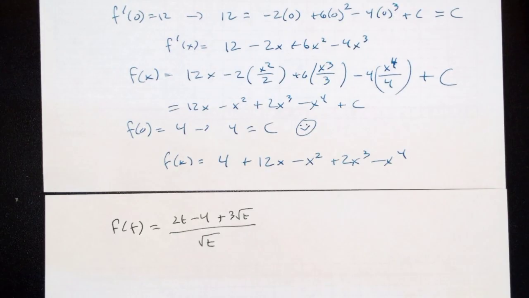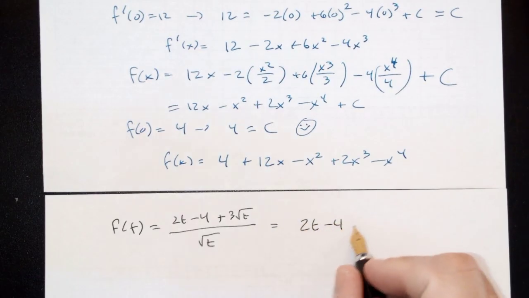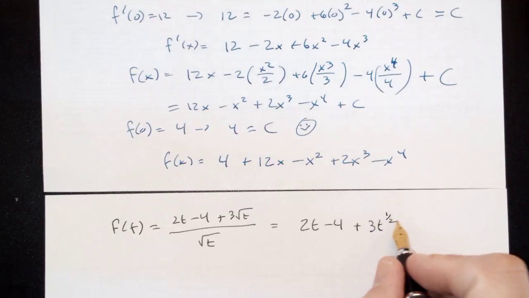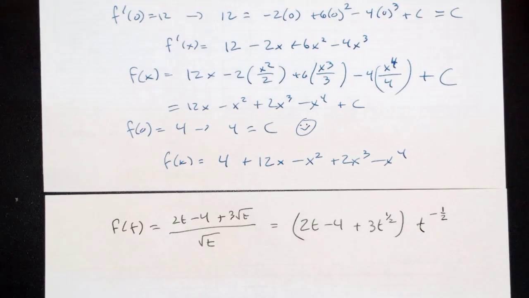What powers? Okay. This root is in the bottom. If I take it out of the bottom, that power becomes negative. So I'm going to rewrite this. And then it becomes multiplication, doesn't it? So let's just distribute.